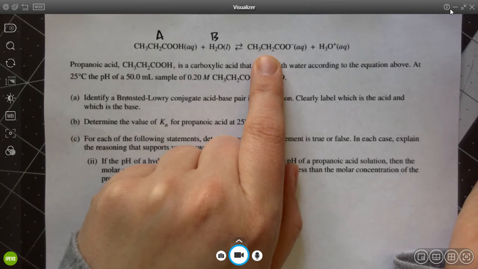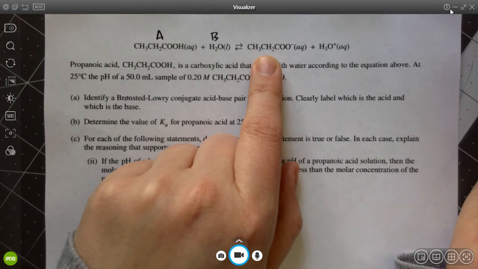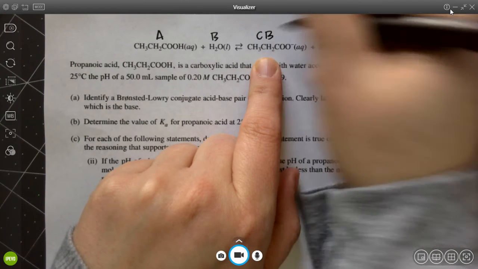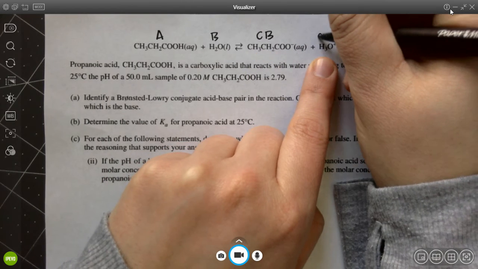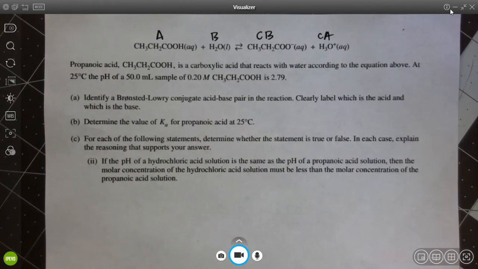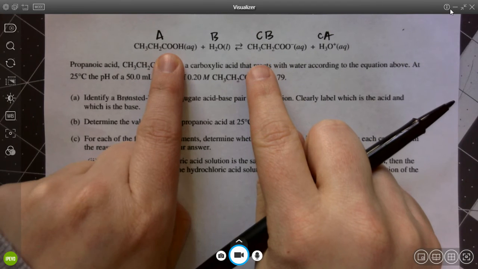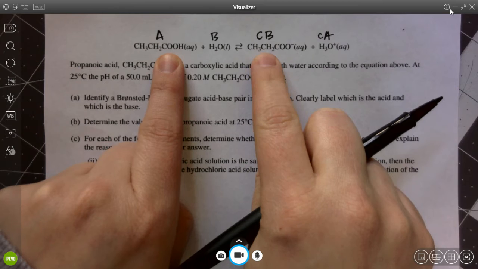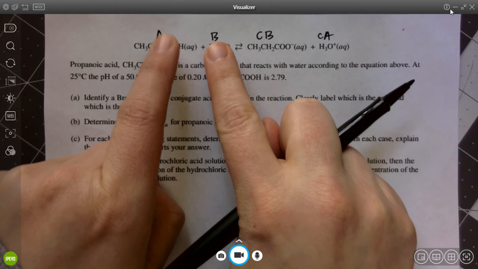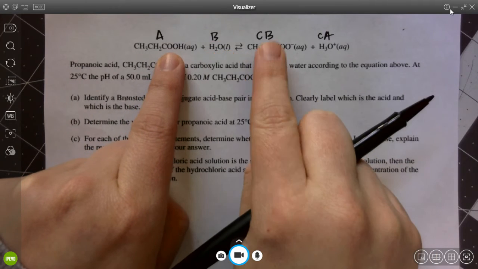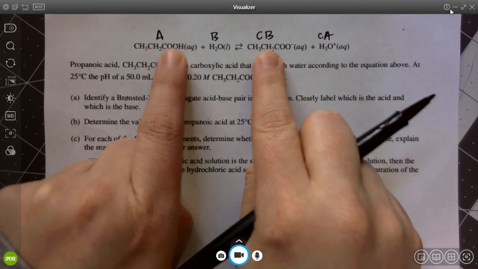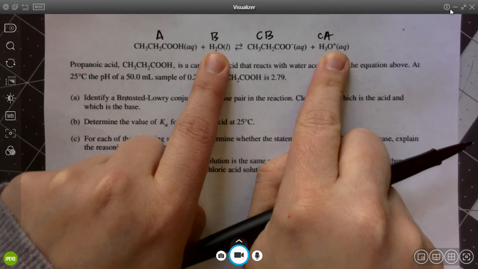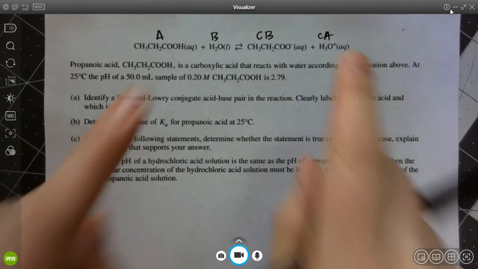This one comes from the acid, so that makes it the conjugate base, and H3O plus is going to be our conjugate acid. When they talk about an acid-base pair, they are talking about the parent molecule and then the child, the conjugate here. They are not talking about this. A conjugate acid-base pair is always this combination or this combination. It's the thing and what the thing turns into.